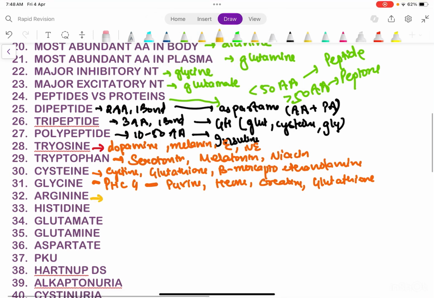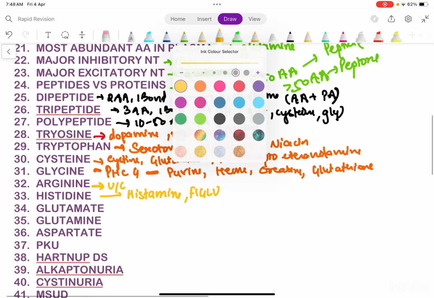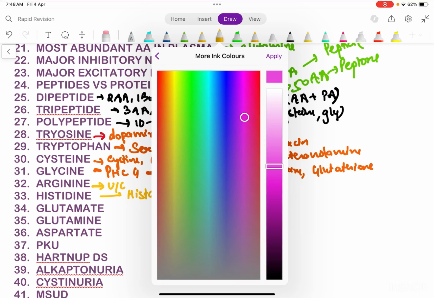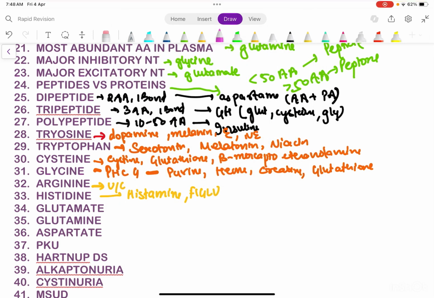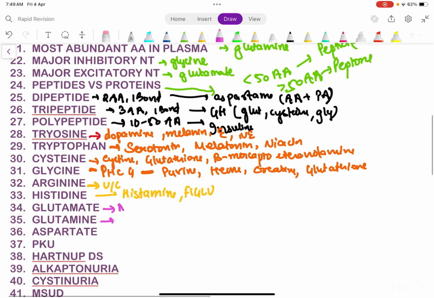Then coming on to arginine. Arginine is responsible in the urea cycle. Histidine is going to give us histamine, and is important in FIGLU. Then coming on to glutamate and glutamine.